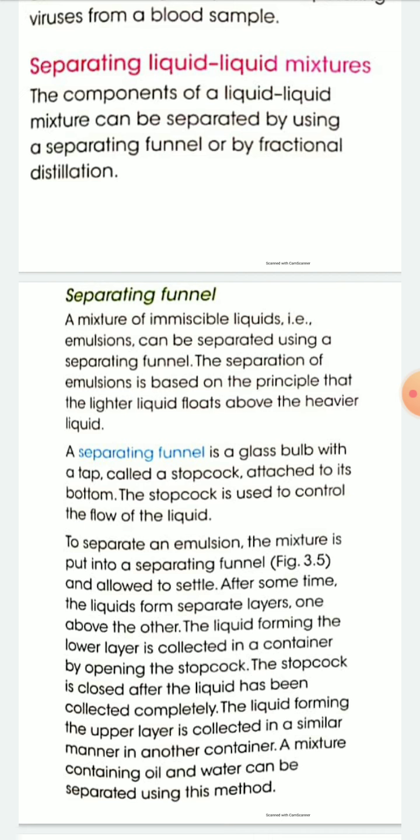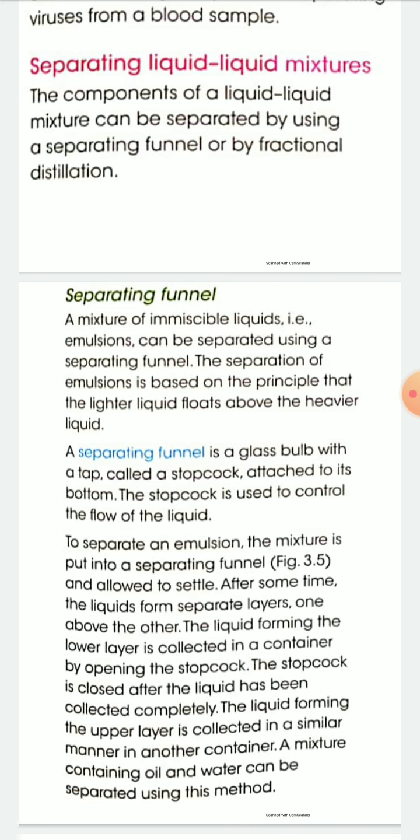The first method of separation of a liquid mixture is the separating funnel. Using a separating funnel, you can separate out a mixture of two or more immiscible liquids. You can only separate out immiscible liquids this way.